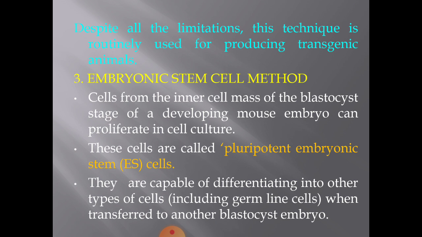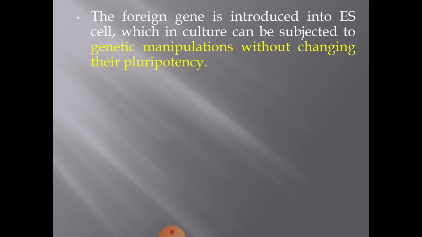So what you will do is take the blastocyst of a mouse embryo, collect the inner cell mass, and proliferate them in cell culture, and now you call them pluripotent embryonic stem cells. These are capable of differentiating into any other type of cells including germline cells when transferred to another blastocyst embryo. Now, what do you do with this?